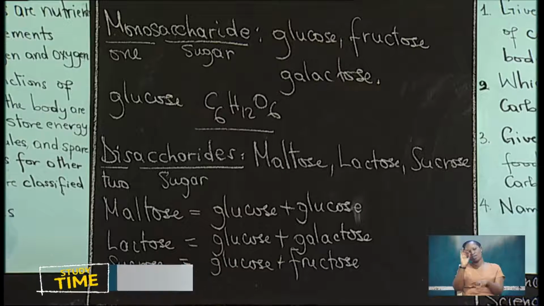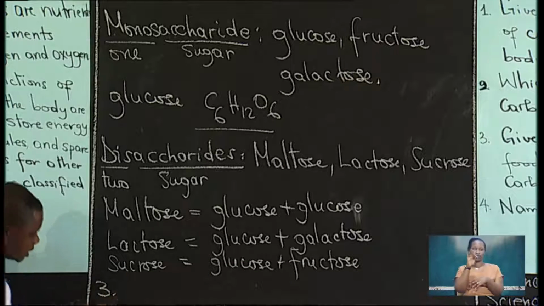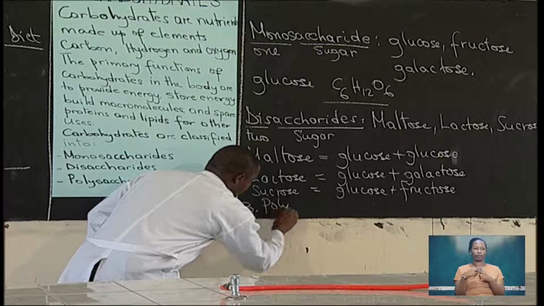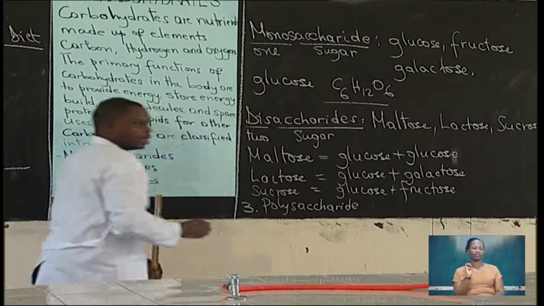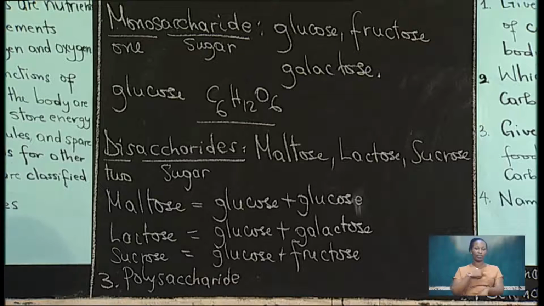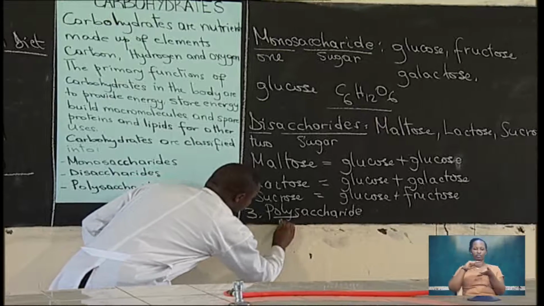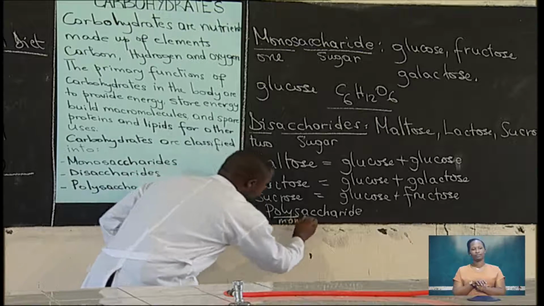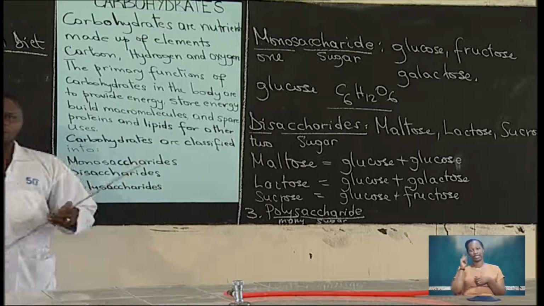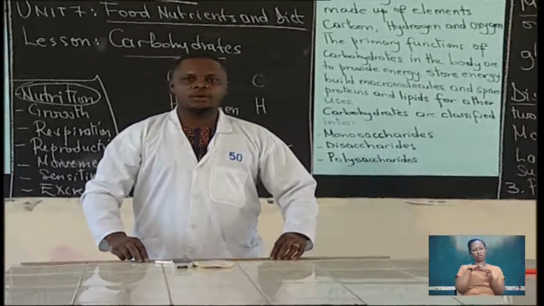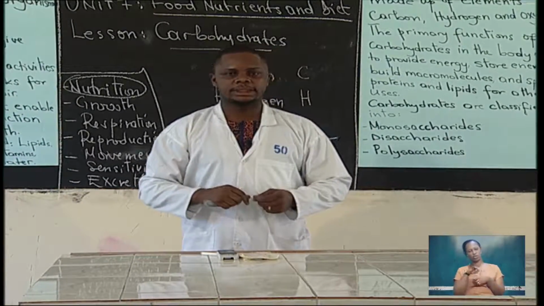Another class of sugar we have seen is polysaccharide. When we say polysaccharide, we mean complex sugars because the word poly means many. Saccharide means sugar. These are complex sugars which are formed from simple sugars.